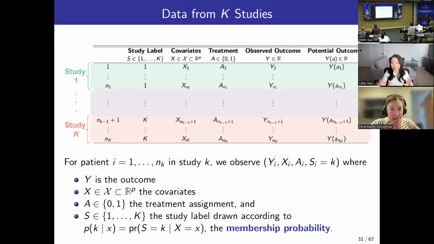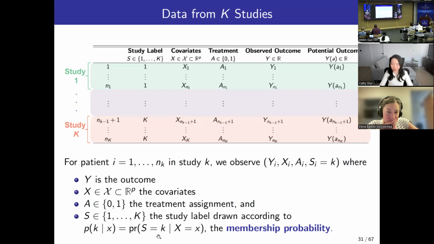Suppose we have data from capital K studies, and for patient i, indexed from 1 to little n_k in study k, we observe their outcome Y, their p-dimensional covariate vector X, their treatment assignment A, and their study label S, where S is drawn randomly according to the membership probability.